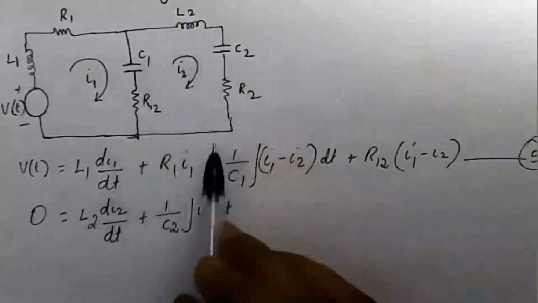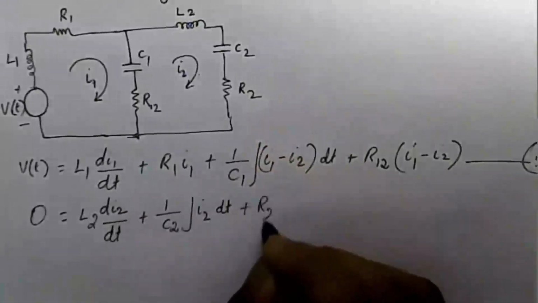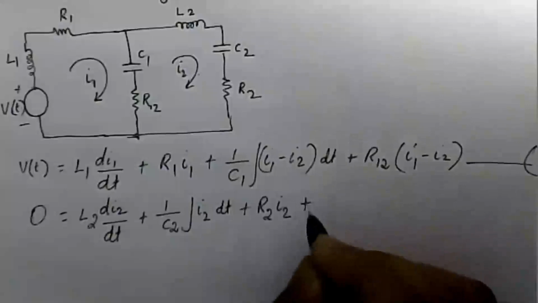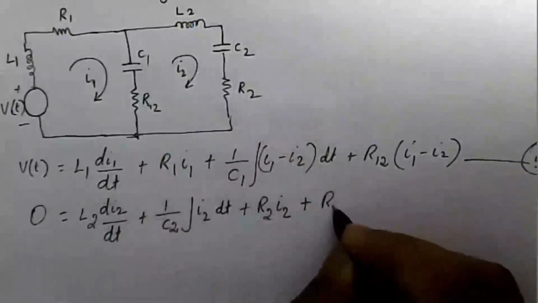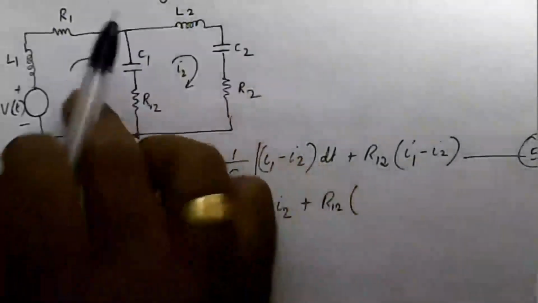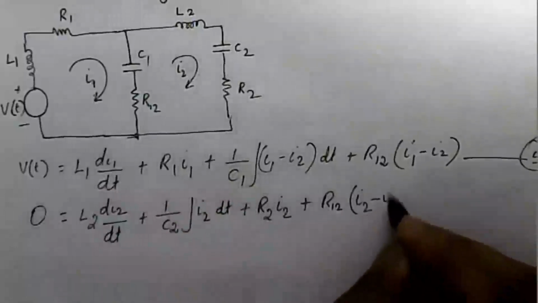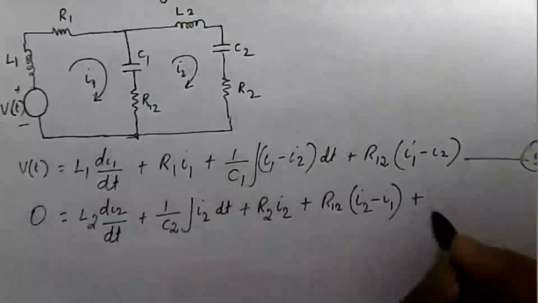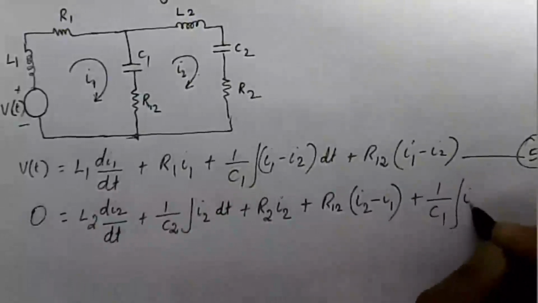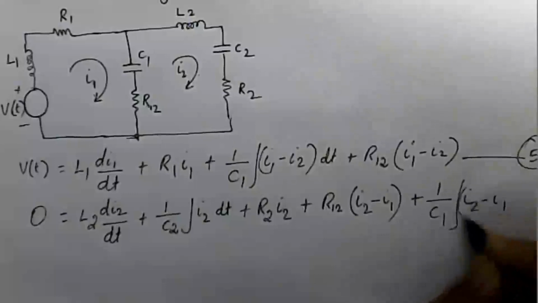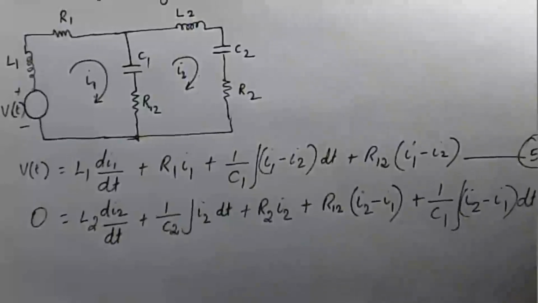These are the individual branches, so only the second current I2, plus R2 into I2. Now I write the common branch: plus R12 into I2 minus I1, the second branch current minus the first branch current, plus 1 by C1 into integral I2 minus I1 into dt. This is taken as equation number 6.